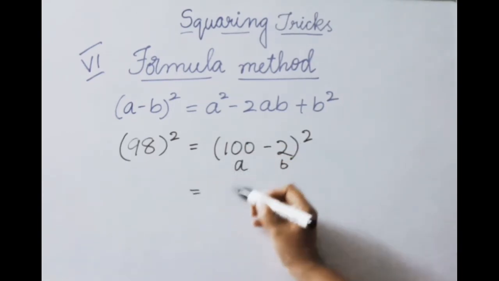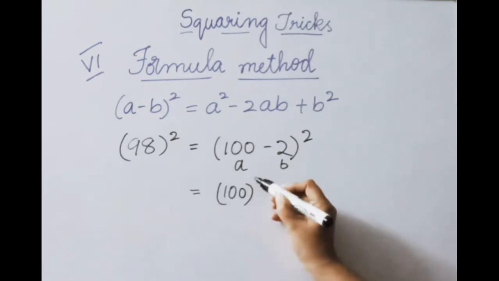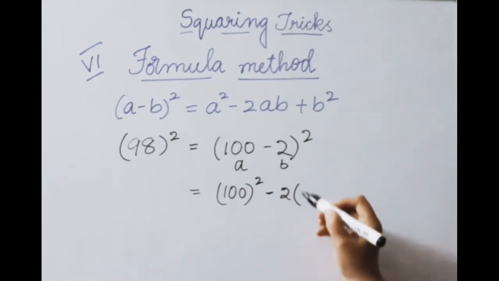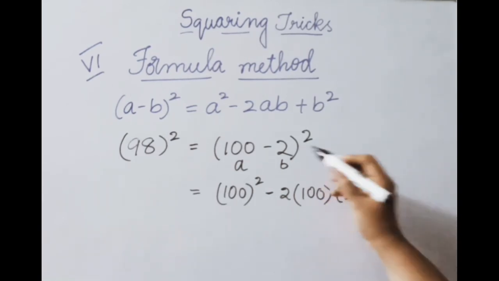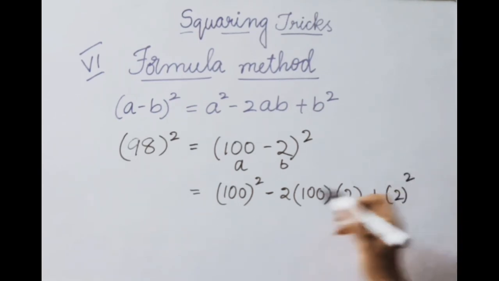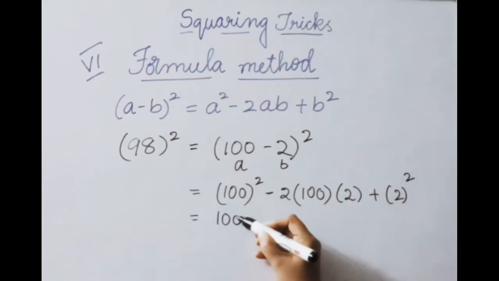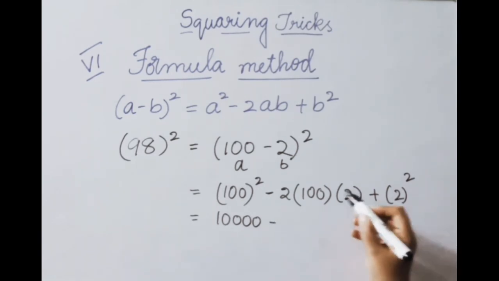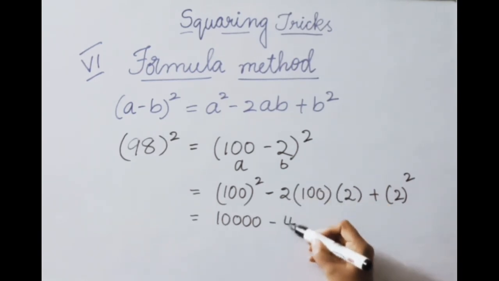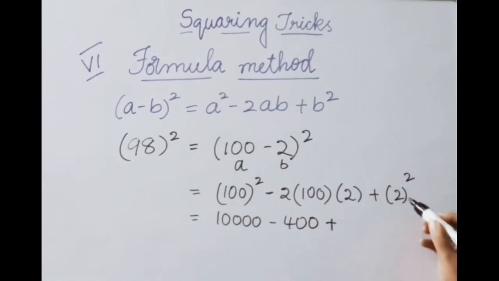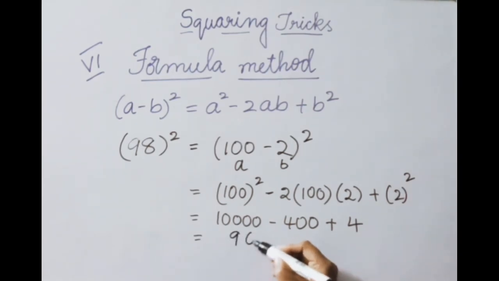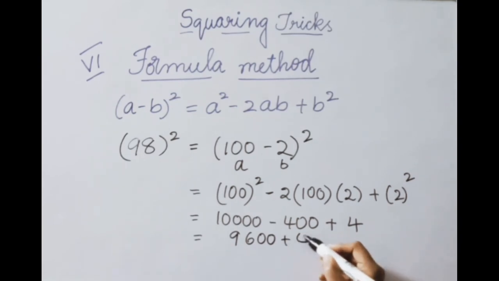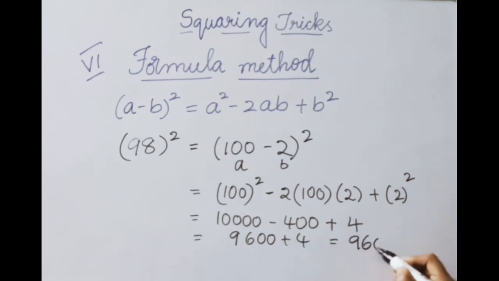So a square means 100 square, minus 2 into a means 100, b means 2, plus b square means 2 square. So 100 square means answer 10,000, minus 2 2s are 4, 4 into 100, 400, plus 2 square means 4. Now 10,000 minus 400, that is 9,600 plus 4. So our answer is 9,604.